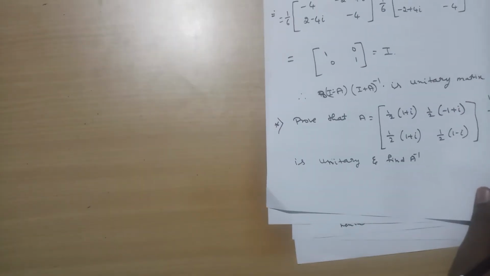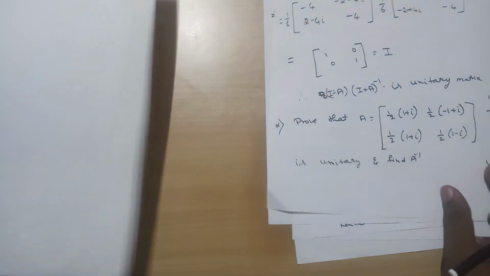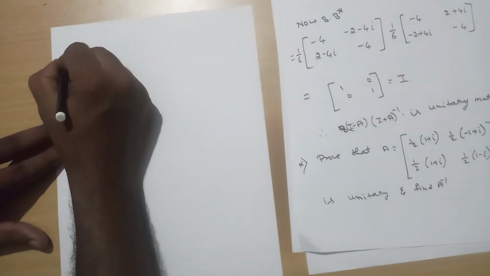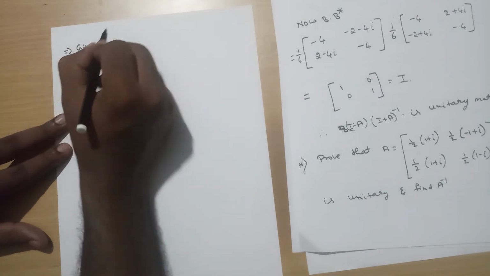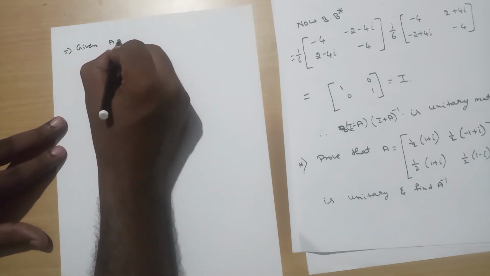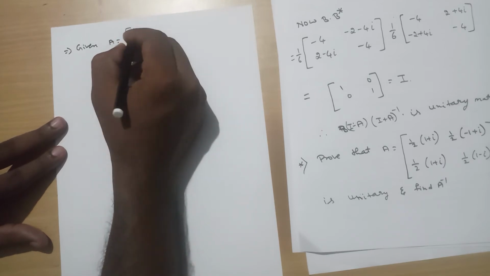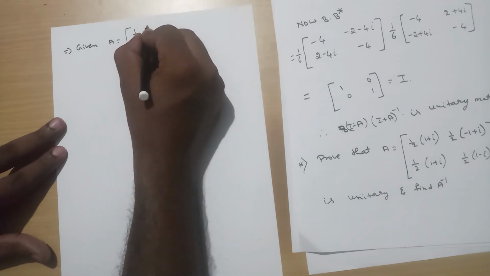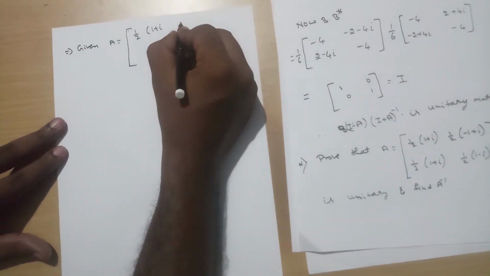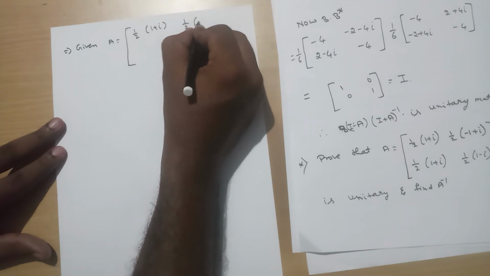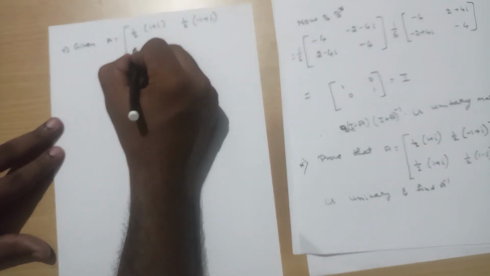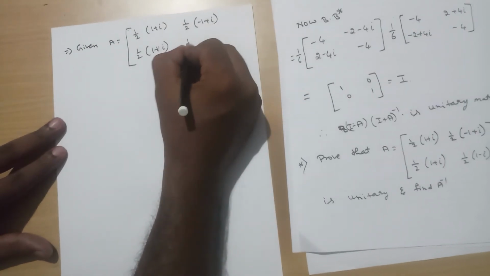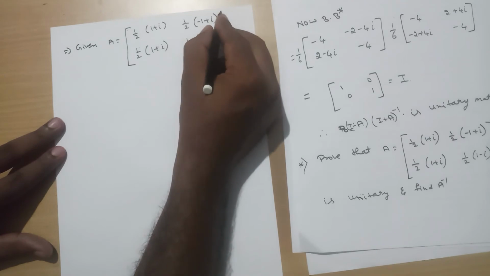So now, given matrix A, what is A? A matrix is 1/2 (1 plus i), 1/2 (-1 plus i), 1/2 (1 plus i), 1/2 (1 minus i).